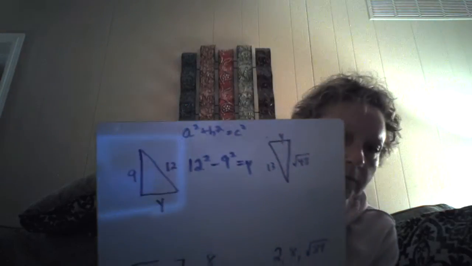So here's how you solve these. You're going to solve them backwards because you already know c on the first one. So it's 12 squared minus 9 squared equals y squared. I know that 12 squared is 144 minus 9 squared, which is 81.